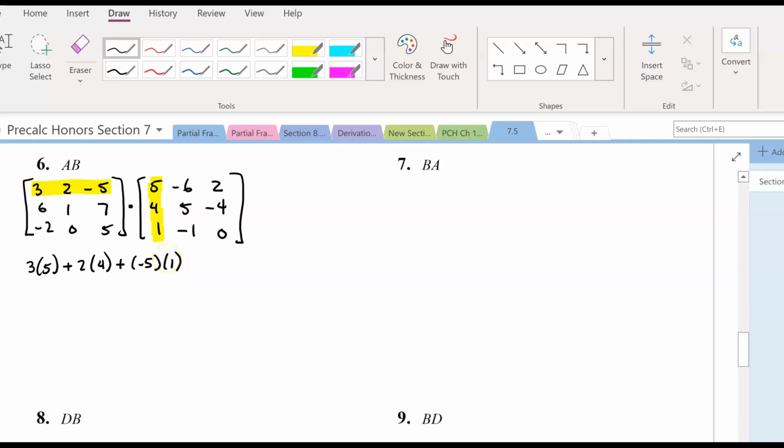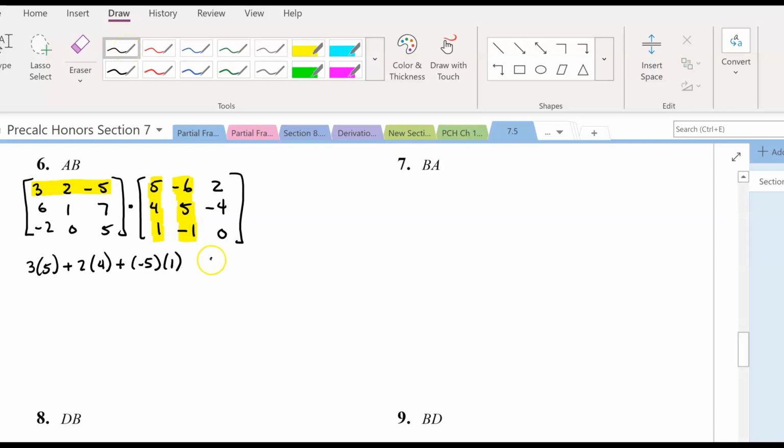All right, so now to get the first row, second column, I'm going to take my first row and multiply it by my second column and do the same multiplying and adding.